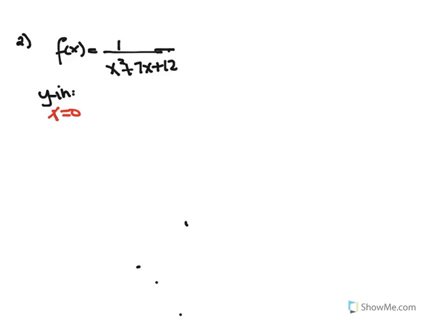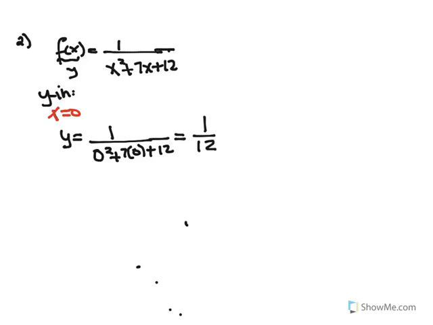So y is going to be equal to 1 divided by 0 squared plus 7 times 0 plus 12. So it's going to be equal to 1 divided by 12, because this is 0 and this is 0. So the y-intercept in this particular case is going to be the point (0, 1/12).